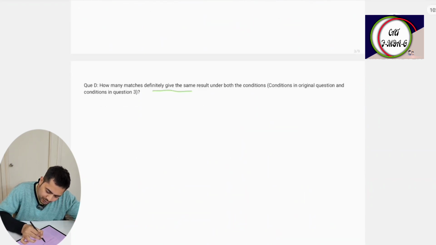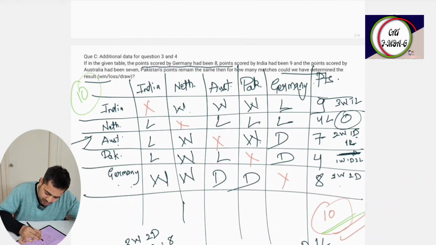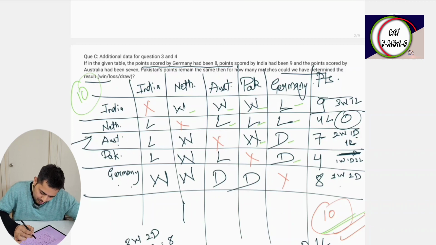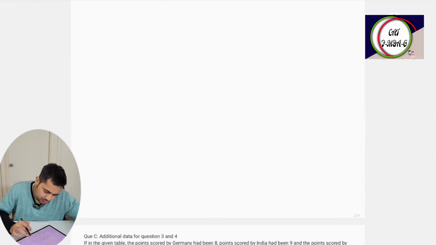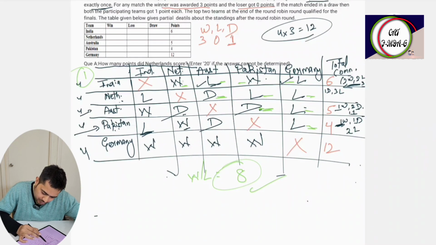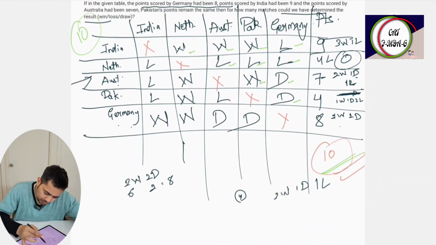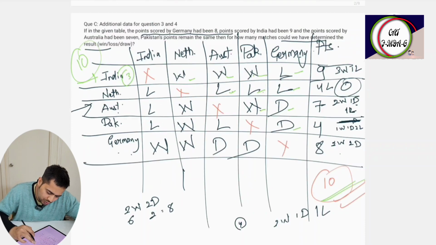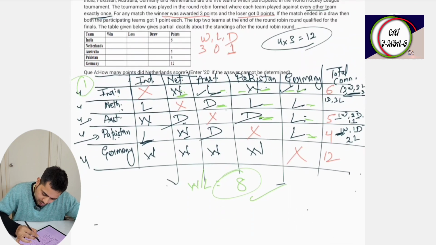Now, how many matches definitely give the same result under both the conditions? Okay. So we will see these matches 1 to 10. Win, win, win, loss. Let me see the table. So 3 matches show the same result: India against Netherlands, Pakistan and Germany. Then loss, loss, loss, and draw, loss, loss.